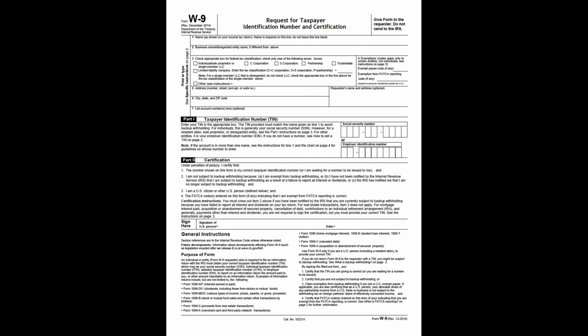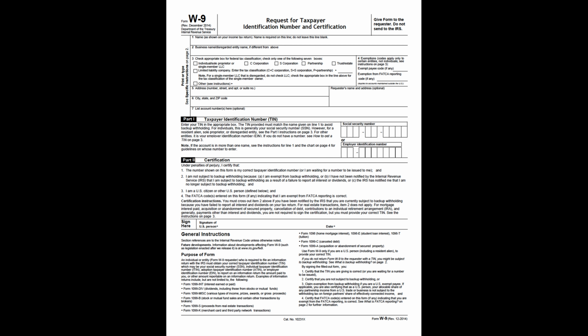General instructions. Section references are to the Internal Revenue Code unless otherwise noted. Future developments. Information about developments affecting Form W-9, such as legislation enacted after we release it, is at www.irs.gov/FW9. Purpose of Form.